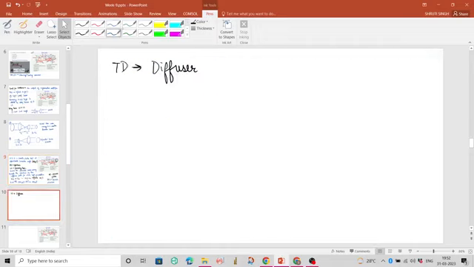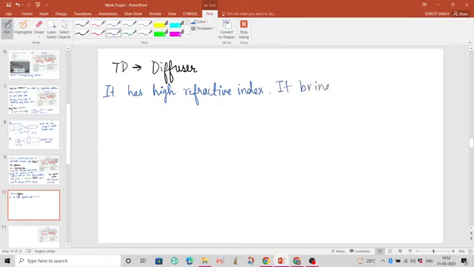Here the diffuser has a high refractive index, so it brings chirp in the white light which is generated after the sapphire. So here we are adding chirp.